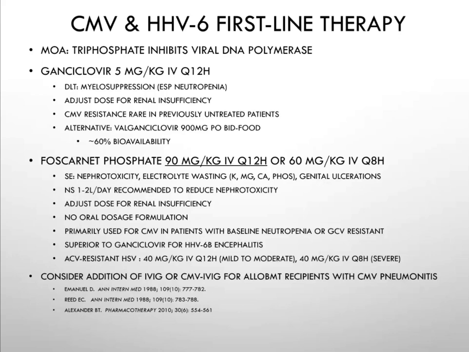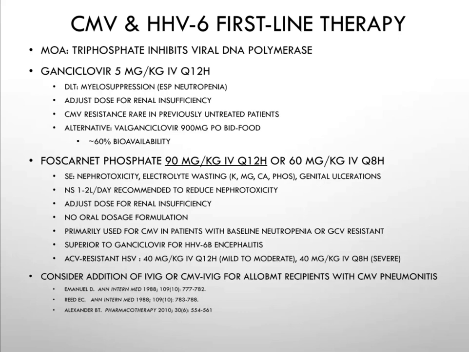Then we have foscarnet, which when used for CMV and HHV6 infections, the dose is typically 90 milligrams per kilogram Q12 or 60 milligrams per kilogram IV Q8. It's a nephrotoxic drug, causes a lot of electrolyte wasting, and can cause genital ulcerations in females. Normal saline and aggressive hydration are necessary to reduce nephrotoxicity.